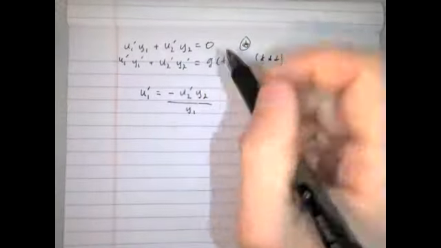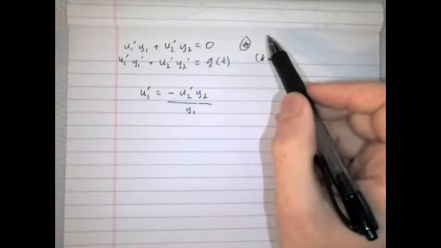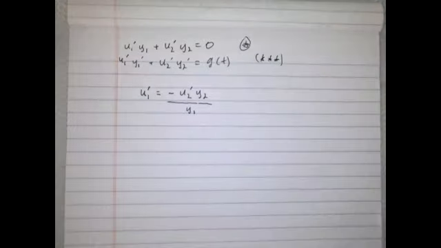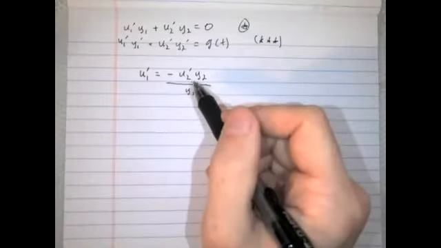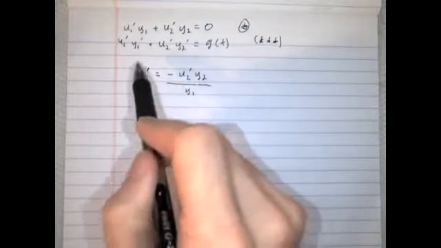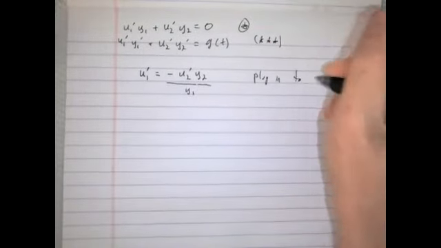This is what I get by solving for u1 prime in equation star. Do we agree? Okay. Now I'm just going to do the normal substitution method. Once you use one equation to solve for one of your variables, you plug it into the other equation. So plug into star, star, star.